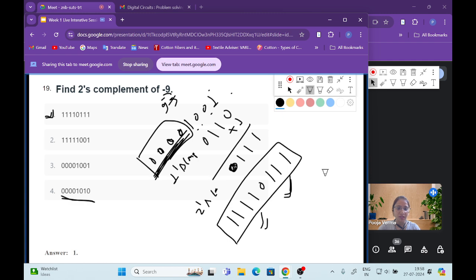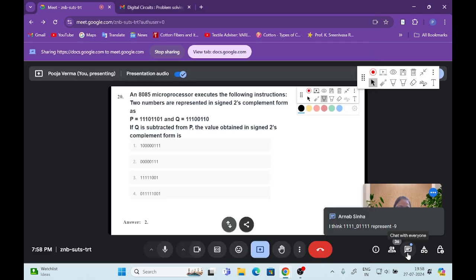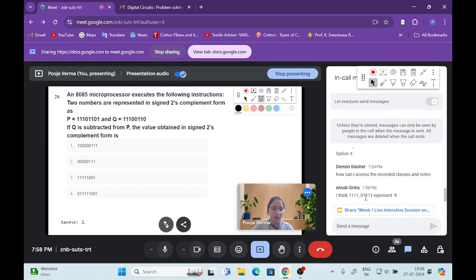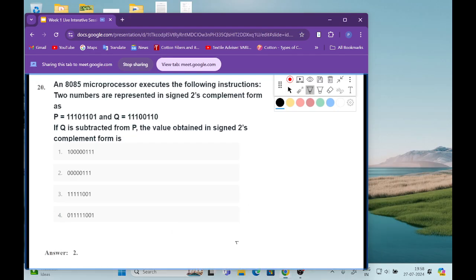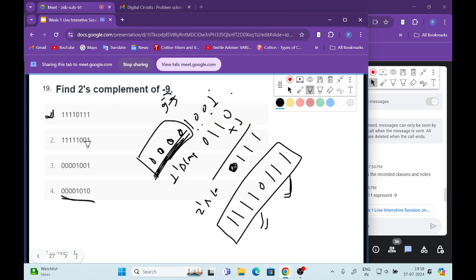Have you got this question? Yes, ma'am. Okay. So moving to the next question. I think 4 times 1, then 0, 4 times 1. You can write that, but you have to check with the options also.